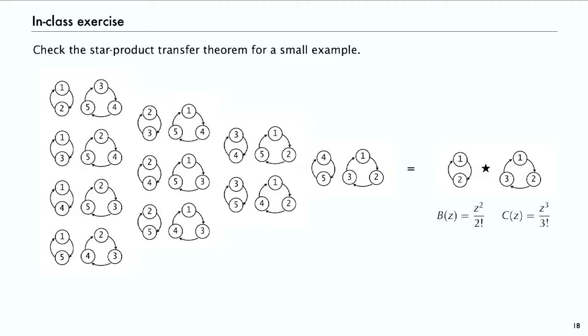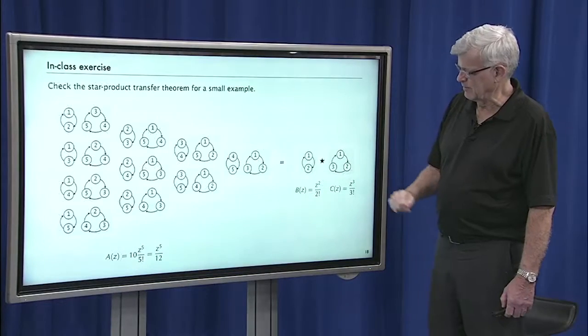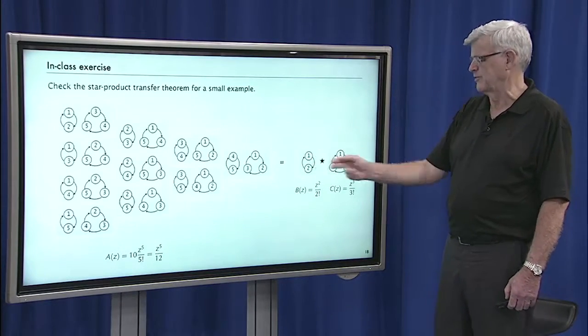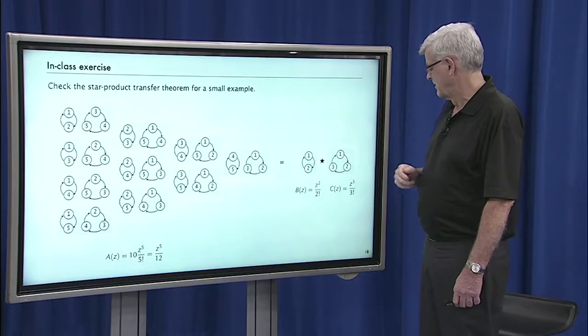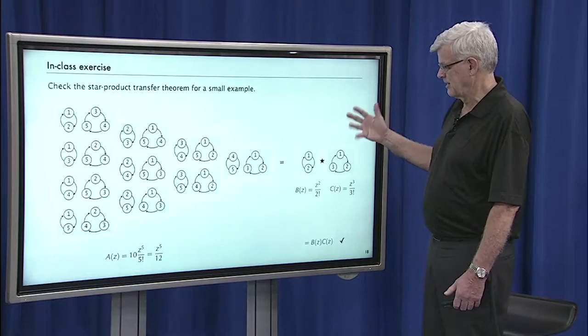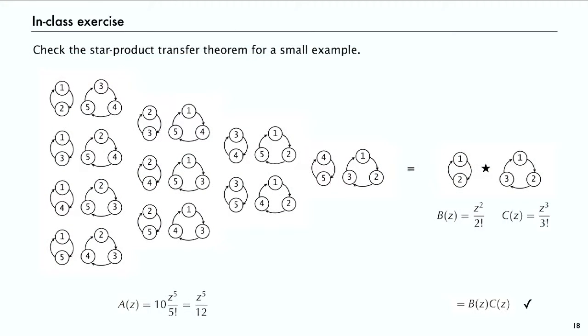What's the exponential generating function for this combinatorial class on the left? Well, there's 10 of them, and they have 5 atoms, so that's 10 z to the 5th over 5 factorial. 5 factorial is 120, so it's z to the 5th over 12. And that's B of z times C of z, exactly as the transfer theorem says.